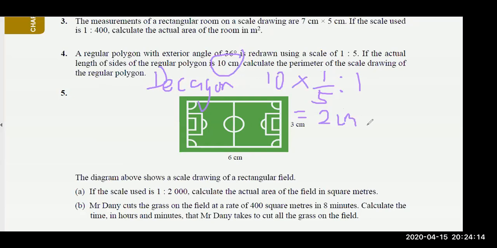And then you got 10 sides. You multiply 10 sides. So equal to 20, right? So this is the answer.